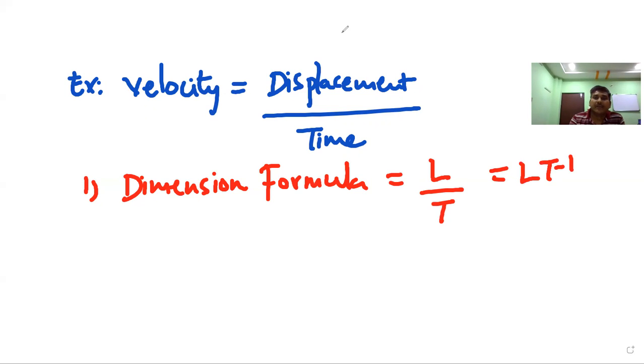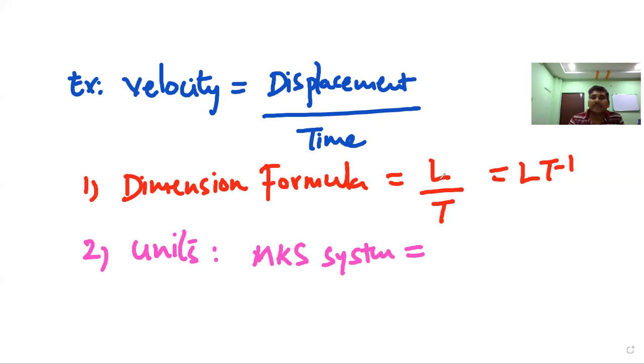Let us see the units of this. Okay. Let us see all the three systems. So first one, let us see the MKS system. The units are, from the dimension formula, length is meter and time is seconds.